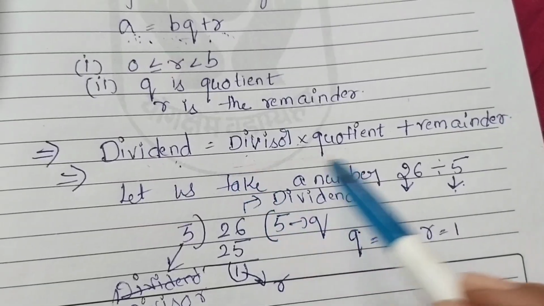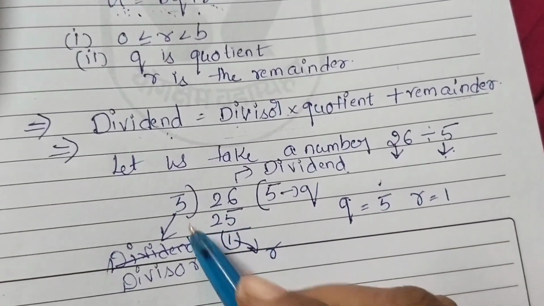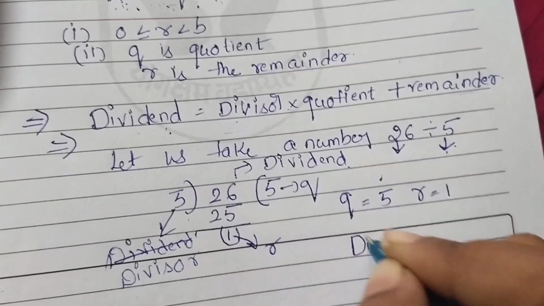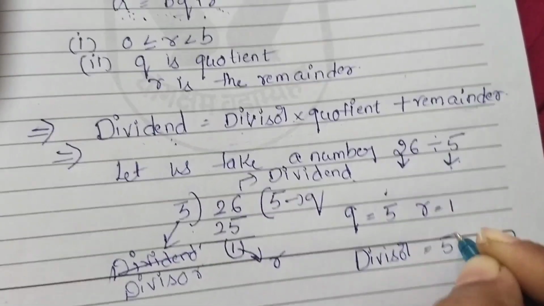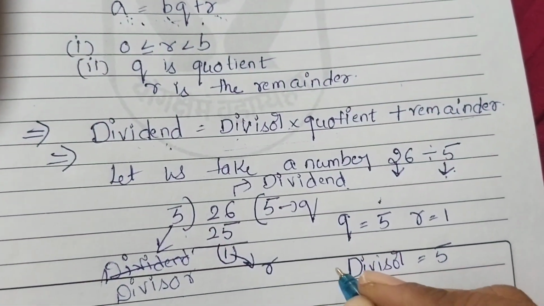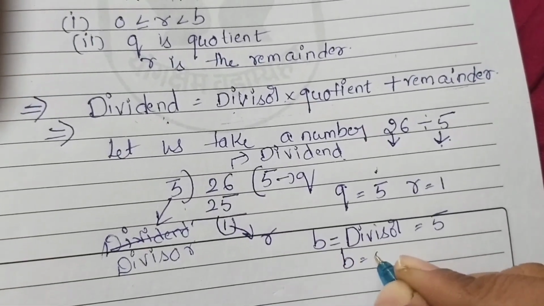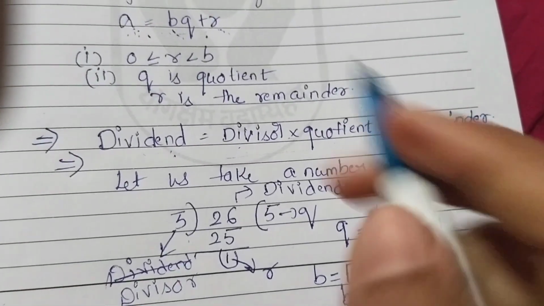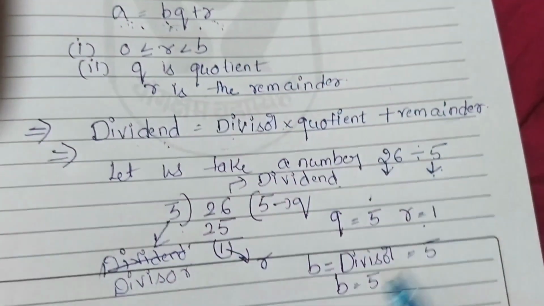First we'll calculate this part, that is divisor into quotient plus remainder. What is the divisor here? 5. The divisor here is b, as per the definition. So b is equal to 5, q is equal to 5, r is equal to 1. Here what should we find? bq plus r, right?